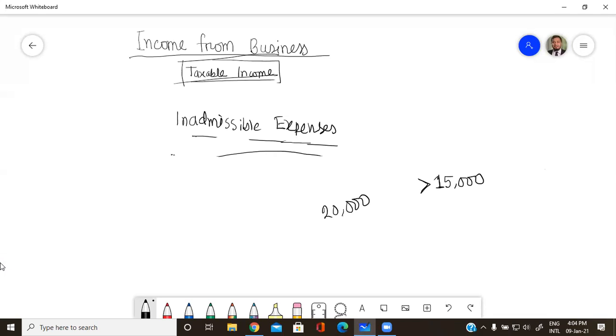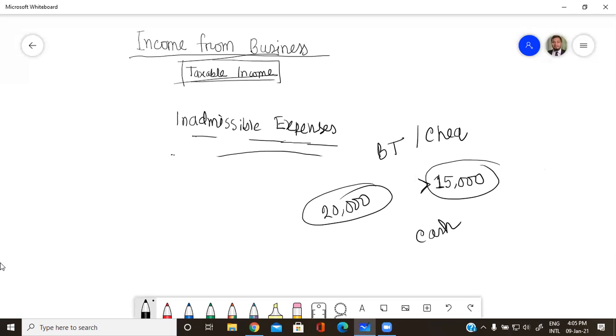Instead of providing this amount through bank transfer or cheque, you are paying this amount which exceeds 15,000 in the form of cash. In that case, that amount becomes inadmissible, the total amount.